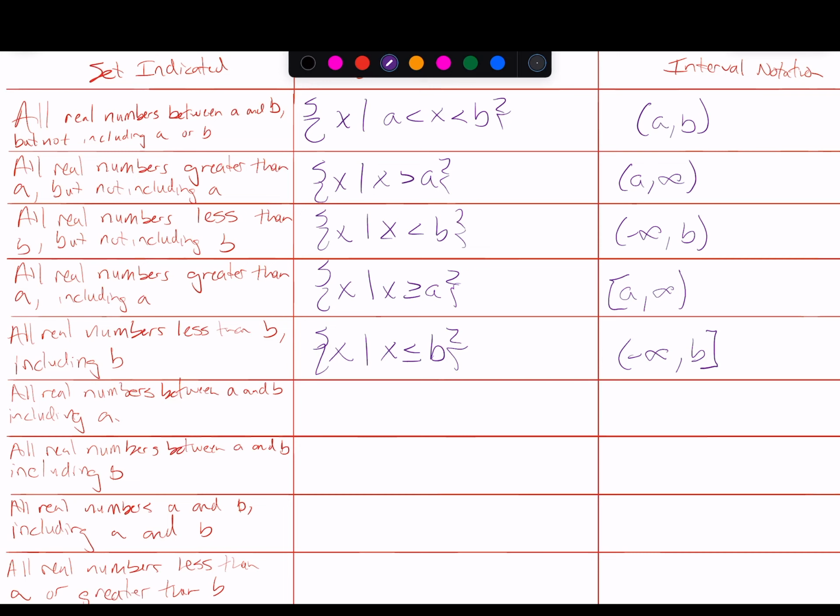Okay, all real numbers between a and b, including a. Well, that's the set of all x's such that a is less than or equal to x, which is strictly less than b. In interval notation, that is a left bracket on a and a parenthesis on the right side for b, because b is not included.